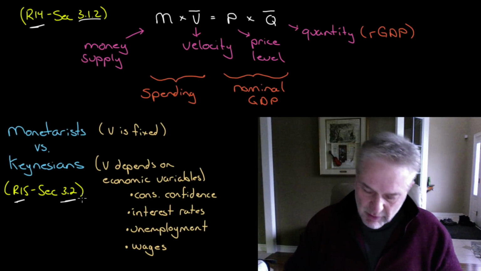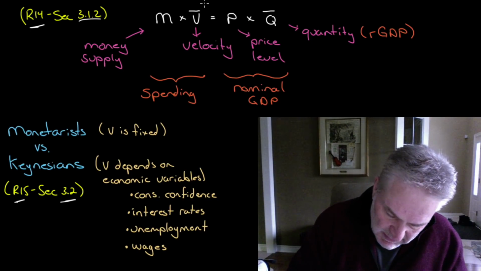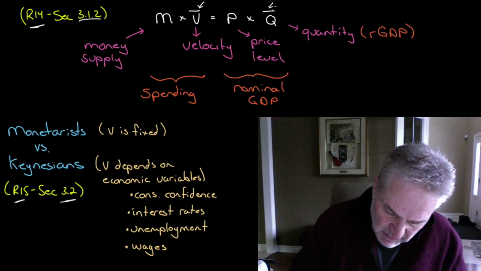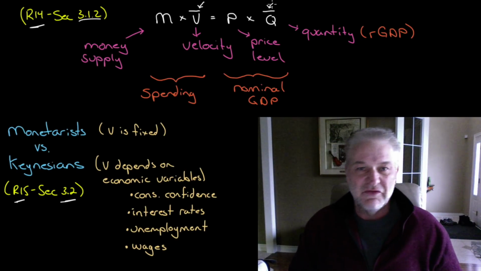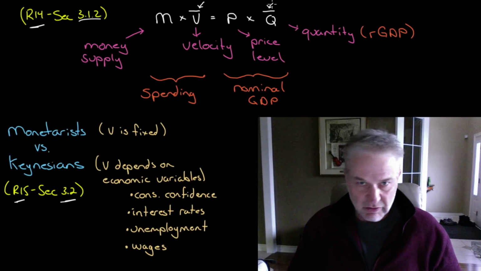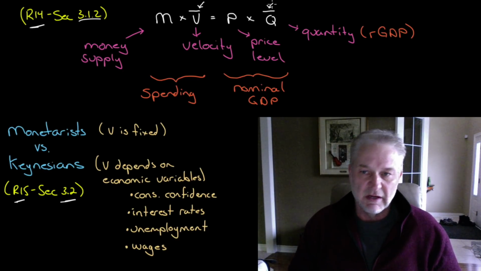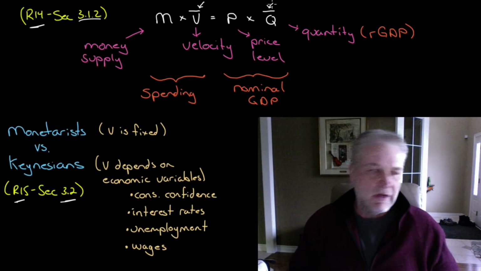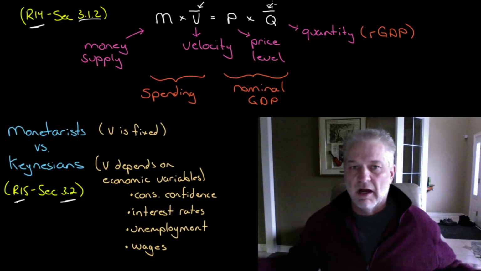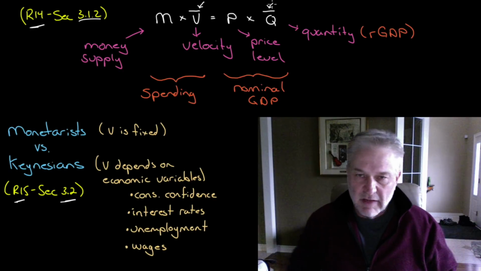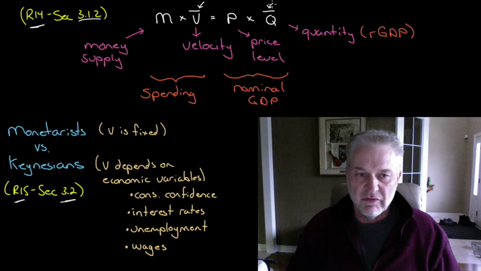The big disagreement comes right here. See these little straight lines over the V and over the Q? That denotes fixed. That's where the disagreement comes in. The monetarists will argue that those variables are fixed. Keynesians say, why, are you out of your mind? They can't be fixed, and they have a good argument why it can't be fixed.